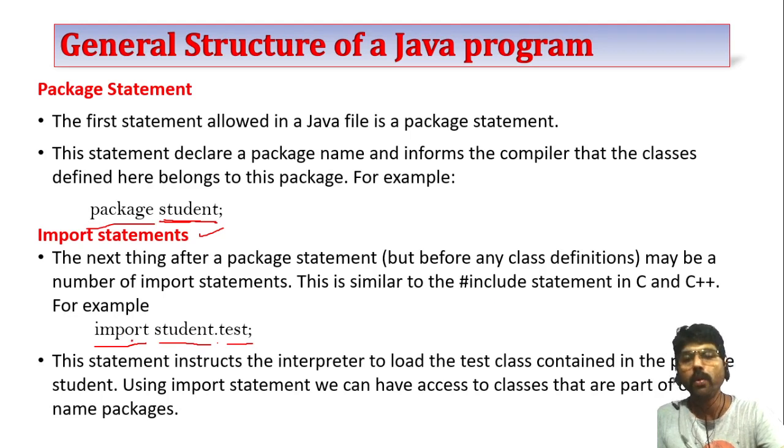But import is executed at both compile time as well as runtime. When you compile the program, it will check whether this test class is available in the student package or not. When you run the program, it still checks for the test class within the student package. Means both times it does the checking.